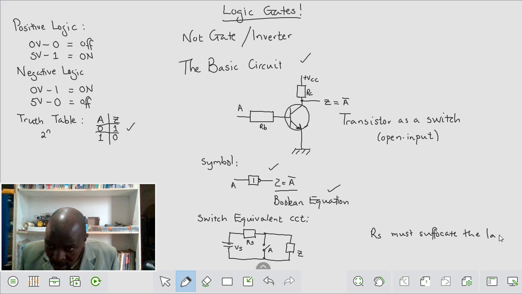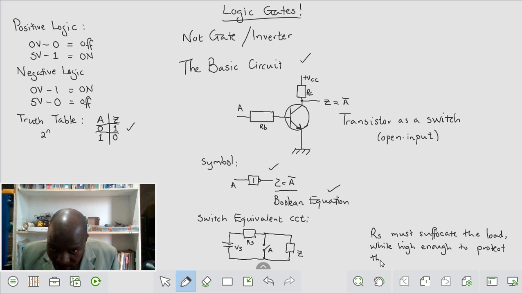The load. Okay? While it must be high enough to protect our what?